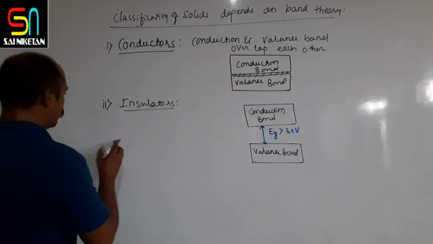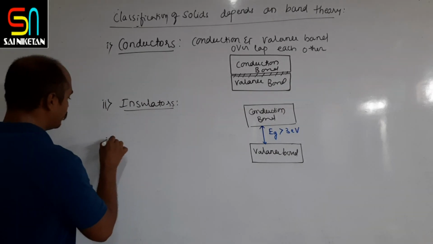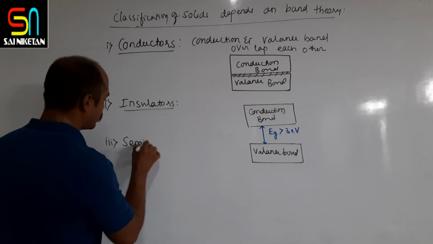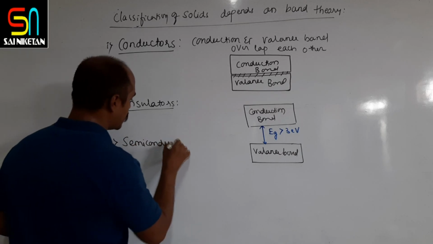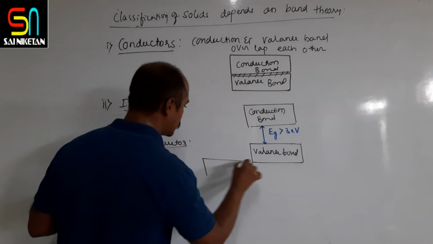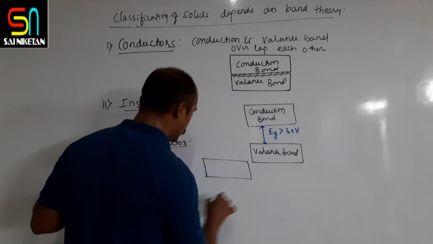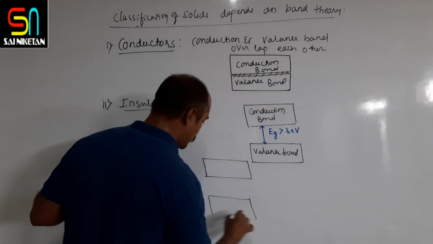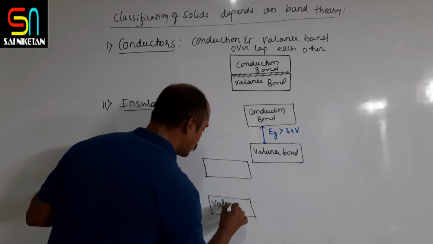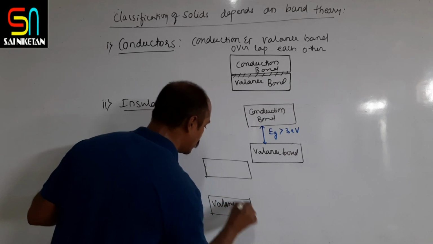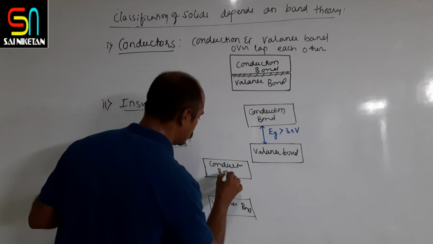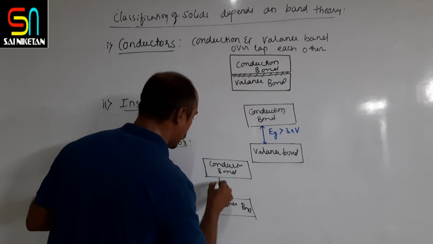Then the third one is semiconductors. Here, this is the valence band, this is the conduction band, and this is the energy gap.